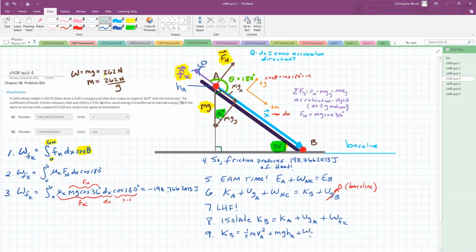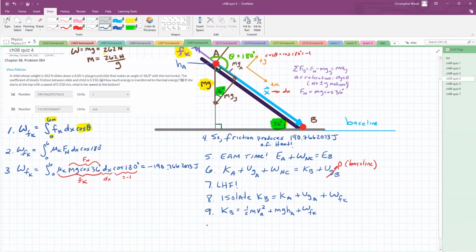All right, so now with numbers. With actual numbers, I have the kinetic energy at B is 1/2 times 262 over 9.8 times v_A squared, which is 0.318 meters per second.